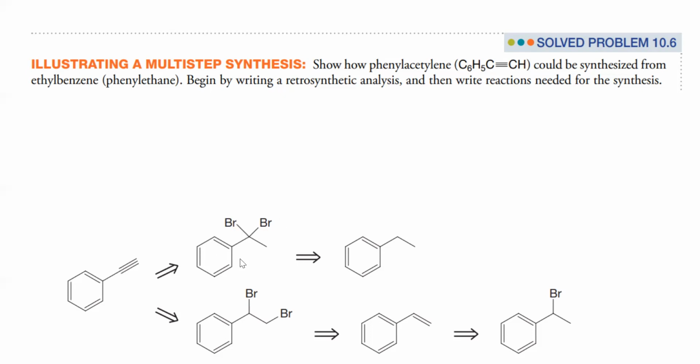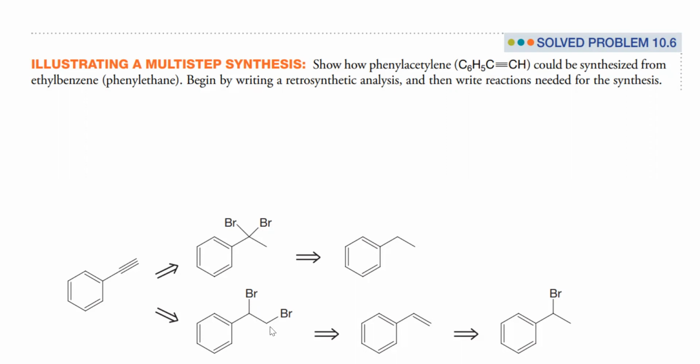Then you can think, how do you prepare this one? How do you halogenate this one? From your starting material, this part here is simply an alkane part, and from here you can do a halogenation reaction to produce this one. Alternately, it can be prepared this way or this way. The first is an elimination reaction to produce your alkene.